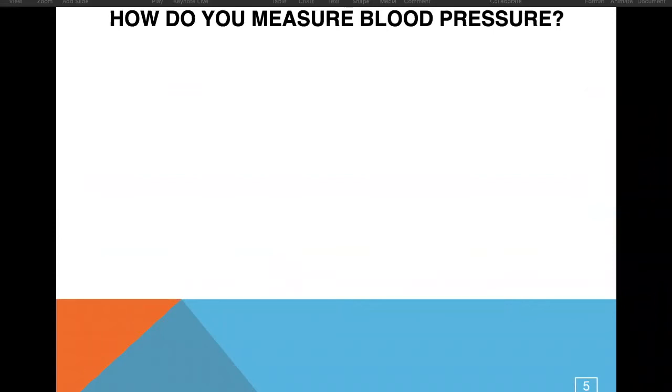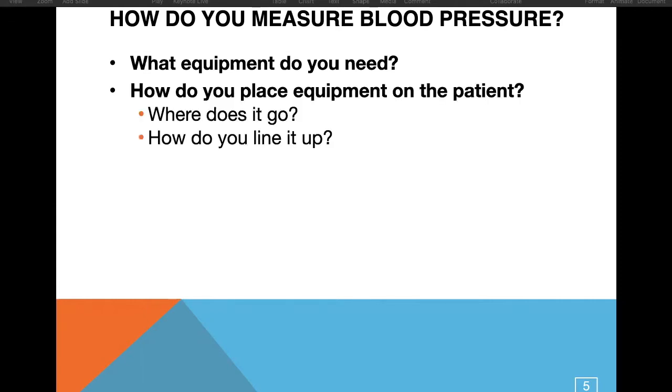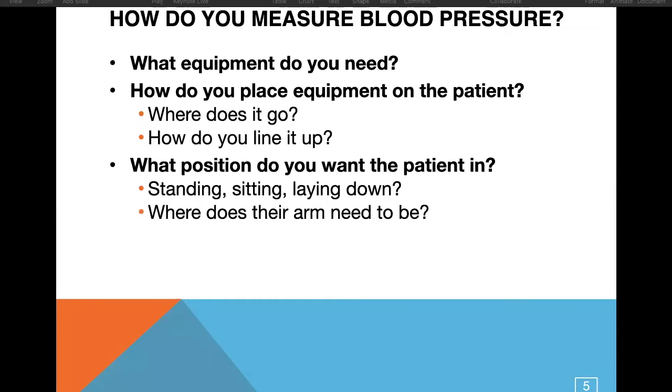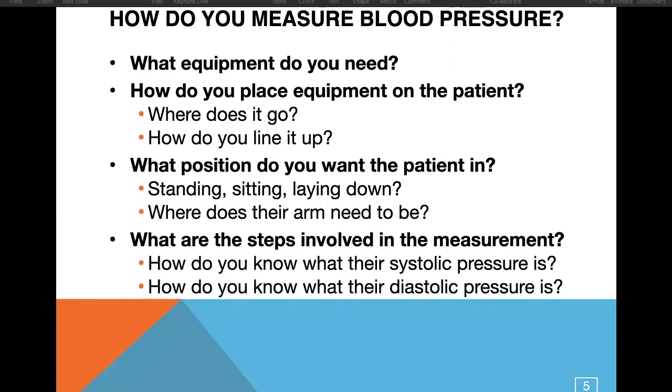So how do you measure blood pressure? There's a variety of steps that we'll go through, and we'll talk about each one and why they're important. We'll talk about the equipment that we'll need, how we place that equipment on the patient, specifically how do we align it so we get the most accurate value possible. What position do we want our patient in so we get, again, the most accurate blood pressure that we can have.